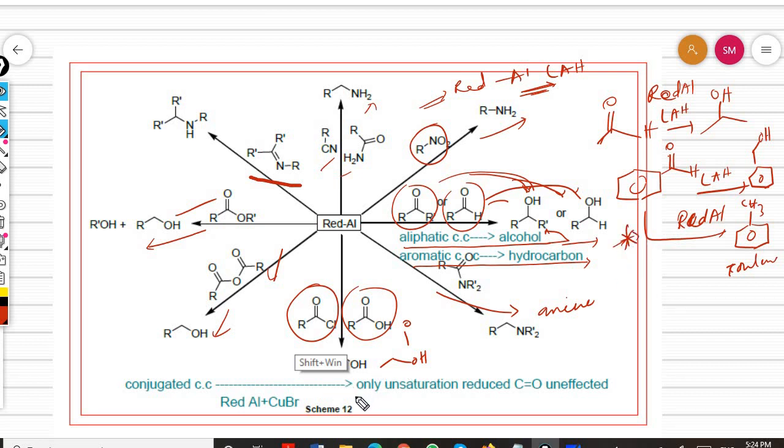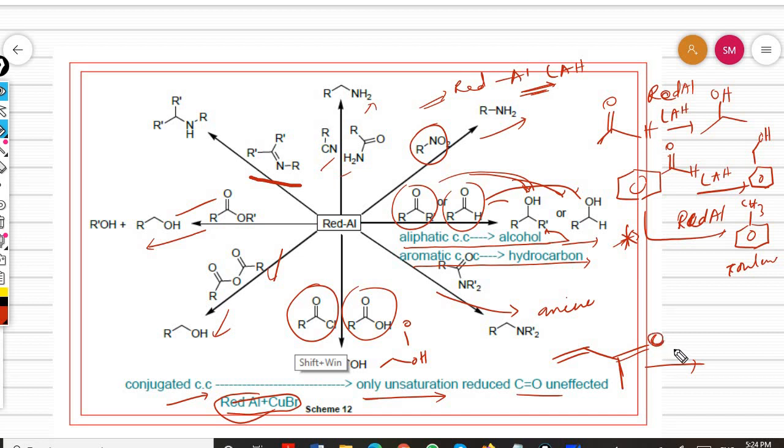The same reagent is highly useful in converting a conjugated carbonyl compound into a saturated carbonyl compound, where the unsaturation is reduced. For example, take a conjugated carbonyl compound like this.